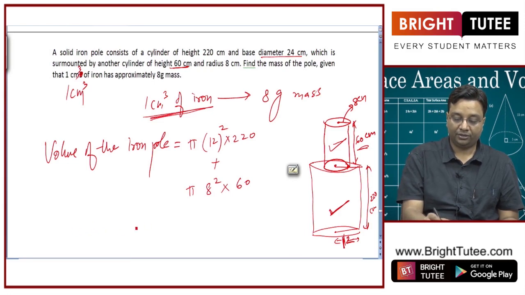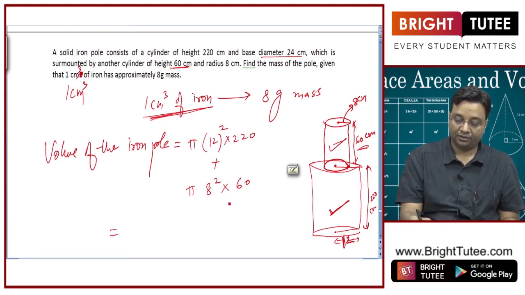Okay. So we need to add these to calculate the total volume. So what we can do is we can keep pi outside, and this is 144 into 220 plus this is 64 into 60.